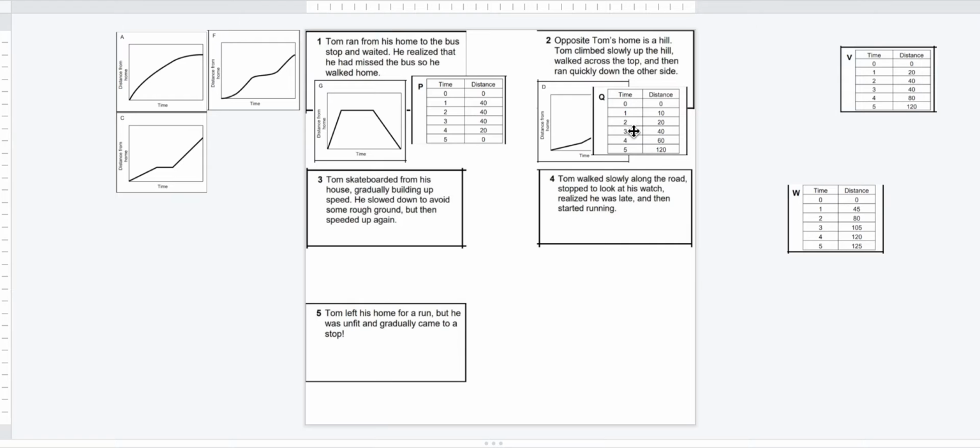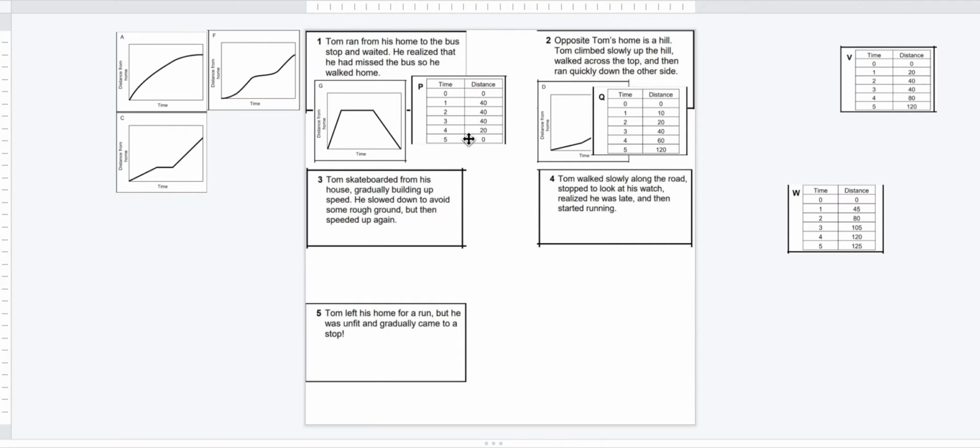All right, so Tom skateboarded from his house, gradually building up speed. He slowed down to avoid some rough ground, but then sped up again. So let's think about it. Tom skateboards, building up speed, but then slowed down to avoid, then sped up again.